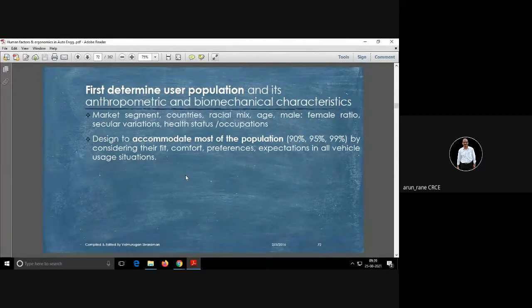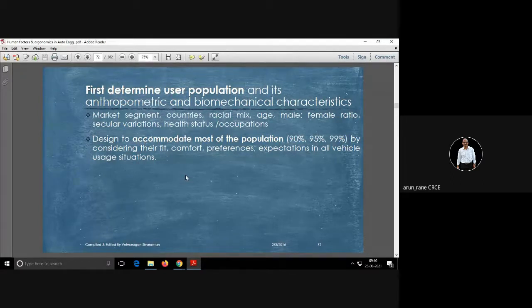So first you have to determine the user population, that is, for this vehicle, like say Nano. Nano can be used by which population? So that is what is important. So you have to identify the market segment, identify the countries, as I told you yesterday, how the location plays an important role.